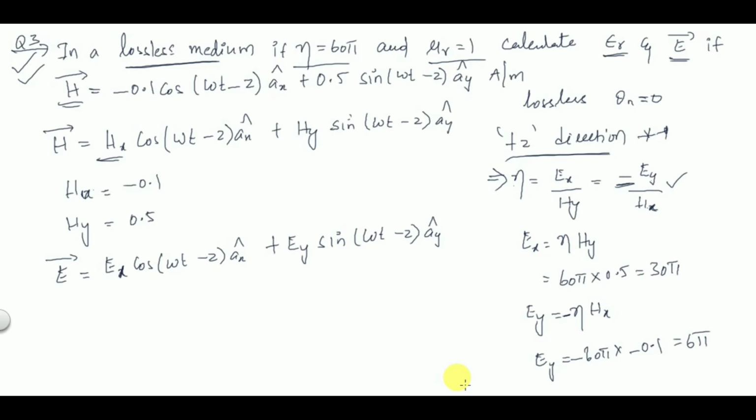So what is the value of theta n in the case of lossless medium? Its value is 0 only. Then what will be E bar? Here it will be Ey, and here it will be Ex.